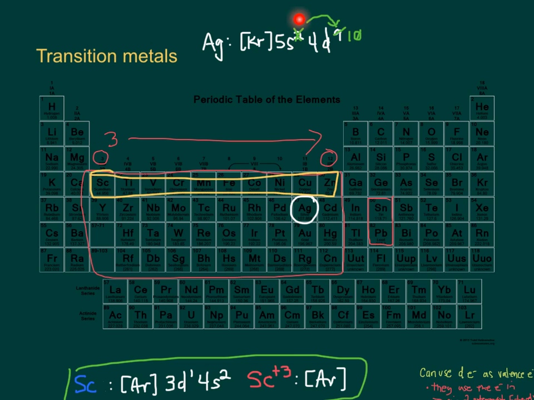So then it only has this 1 electron in its s sublevel that it will use as valence. And so silver ends up forming silver with a +1 charge by losing that 1 s sublevel electron. And then it keeps, of course, the electron configuration krypton and its 4d10, which is very stable, remember, because a full D sublevel is really, really stable.